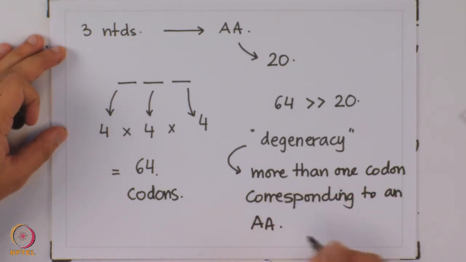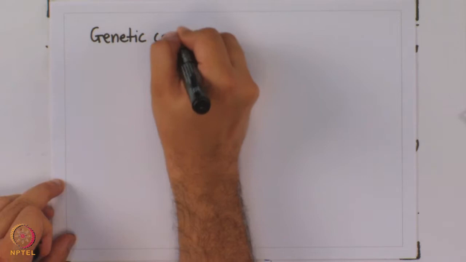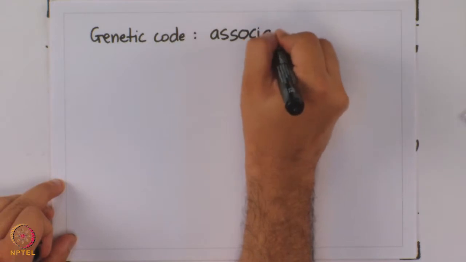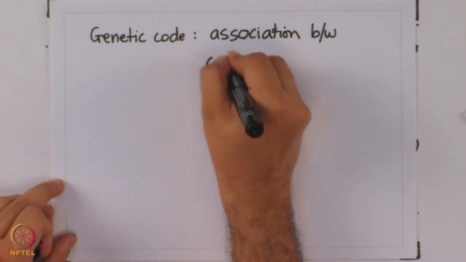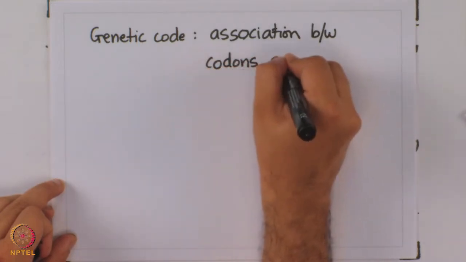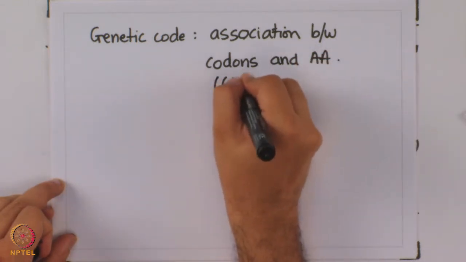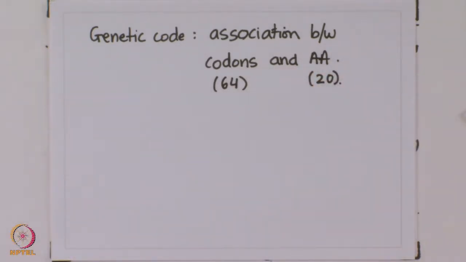And this of course forms the basis of what is called the genetic code, which is the association between codons and amino acids, which are 64 in number and these are 20 in number. And for a long time this remained a puzzle. How is this correspondence between 64 codons and 20 amino acids made in a living cell?